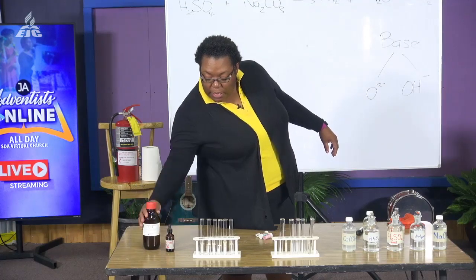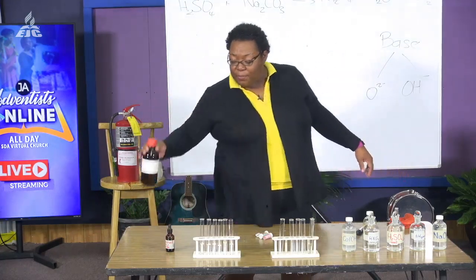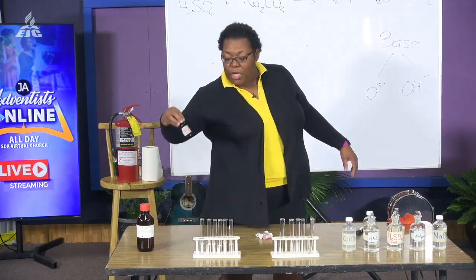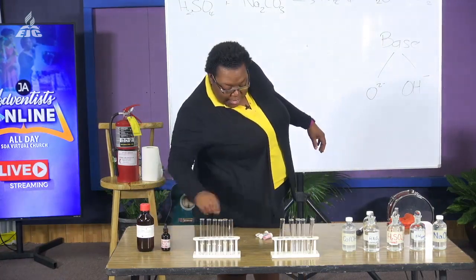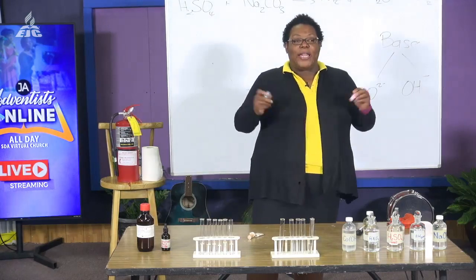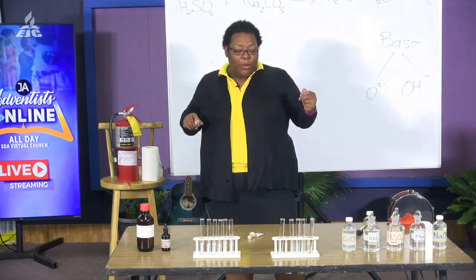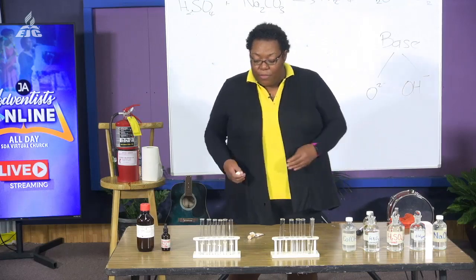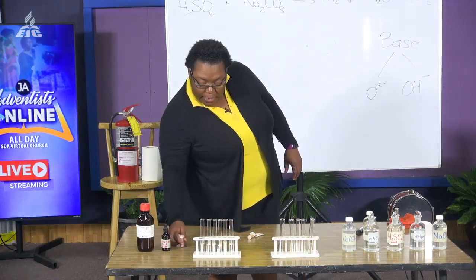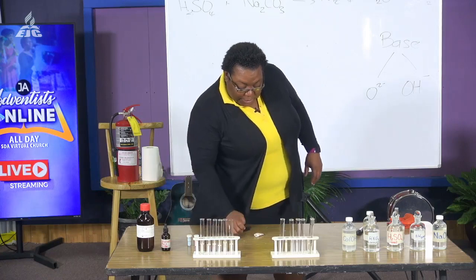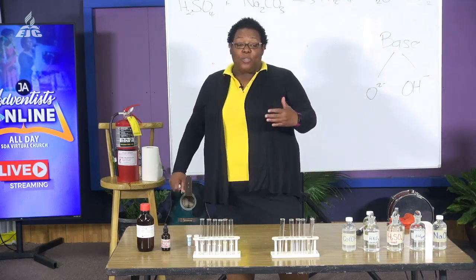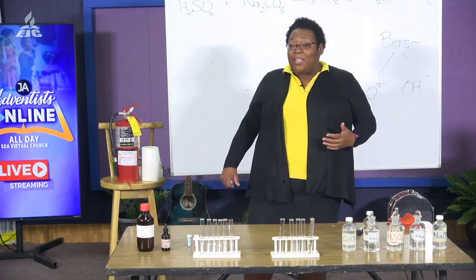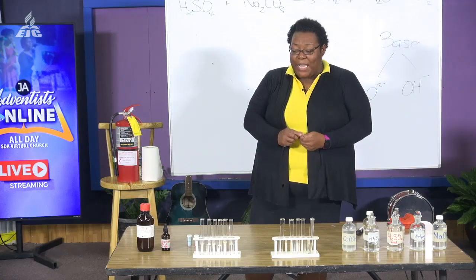I have phenolphthalein, screened methyl orange, and red and blue litmus. We'll be looking at how the acids and bases I have here react with these substances. Again, indicators can be used to identify and differentiate acids and bases.